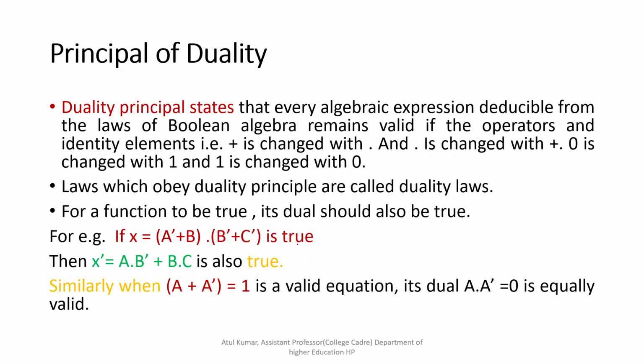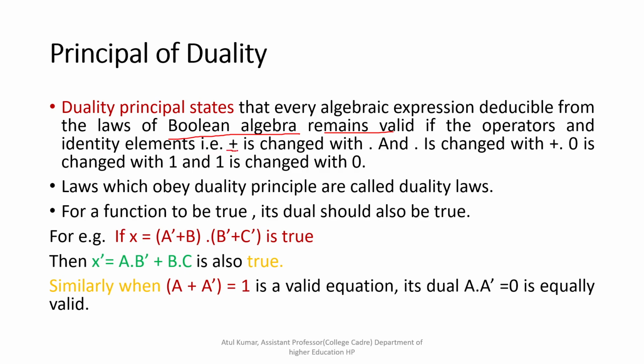Next we have the principle of duality. This principle states that every algebraic expression deducible from the laws of Boolean algebra remains valid if the operators and the identity elements are interchanged.